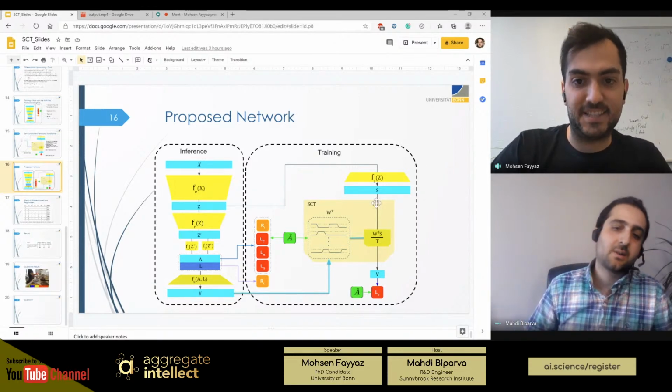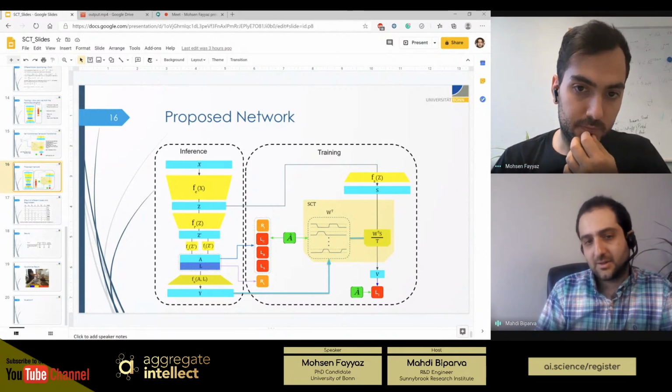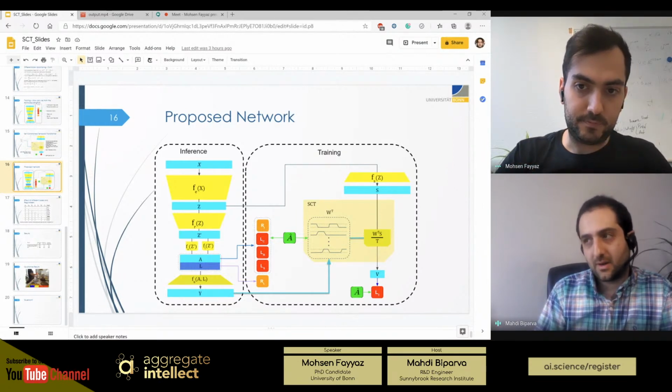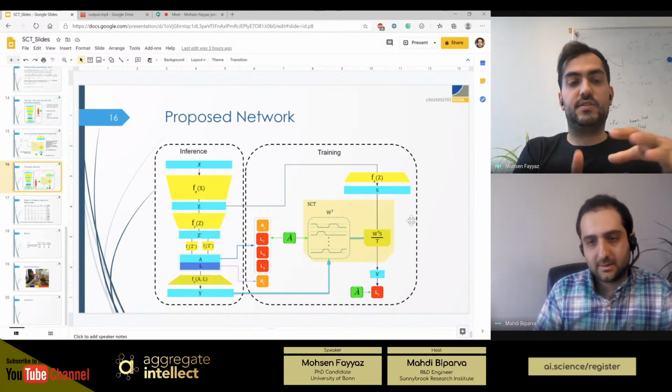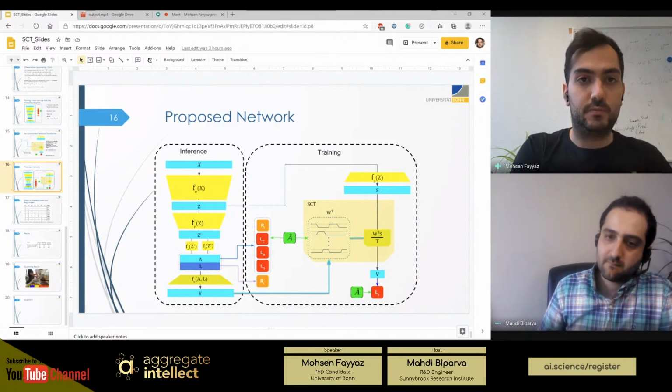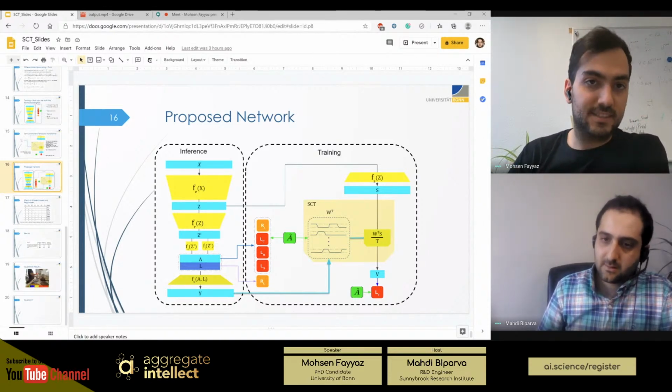That's how we solve it. The role of the SCT is to impose this unorderedness onto the predicted outputs, transforming an ordered temporal sequence into an unordered set.